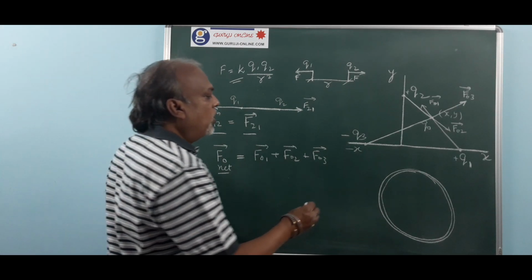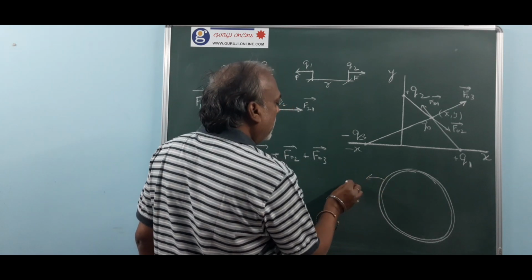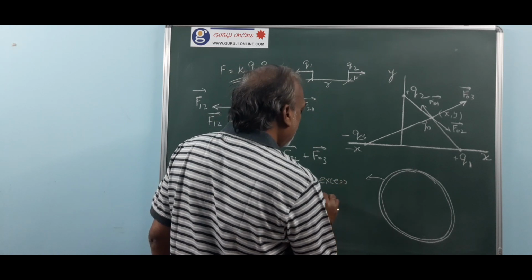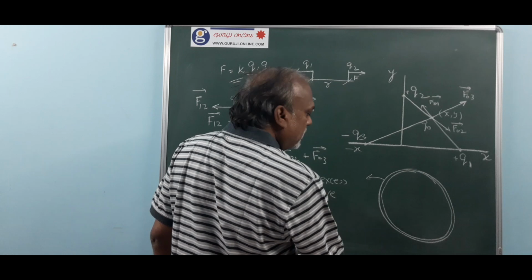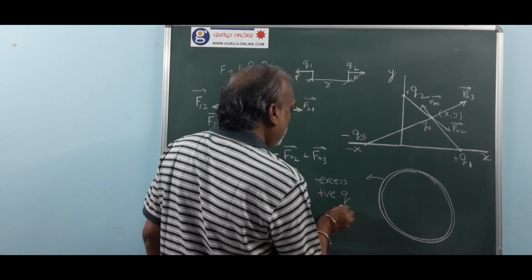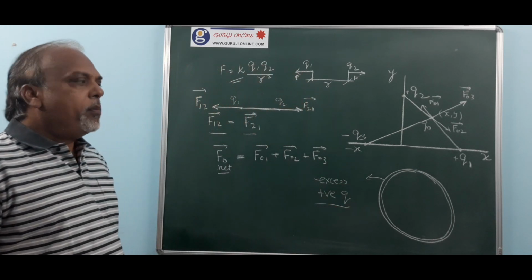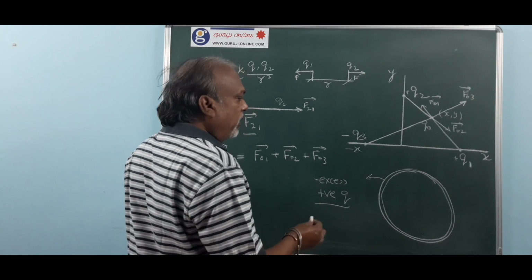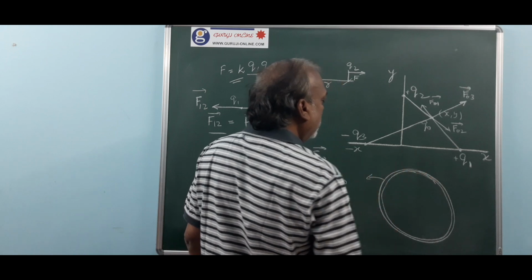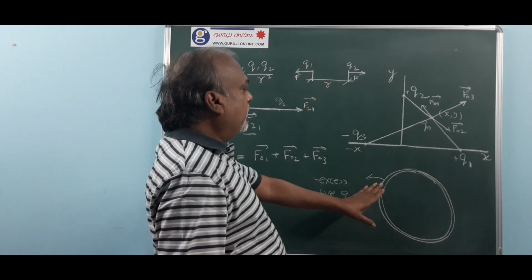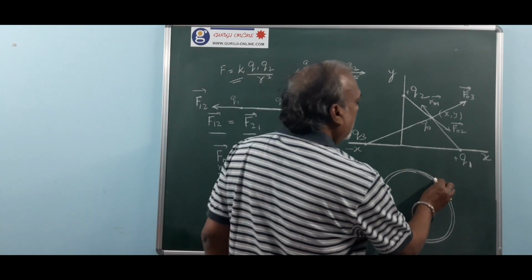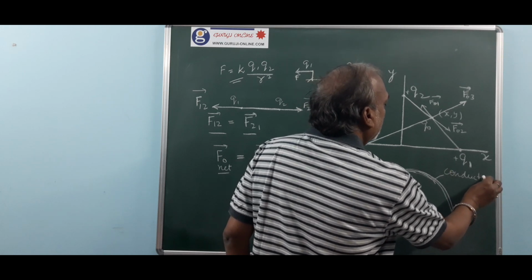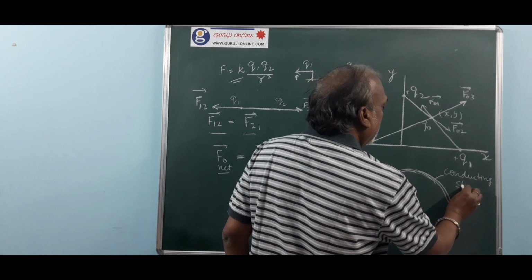And on this you have excess positive charge Q. How will it distribute on this? Now, you know, this is a conducting shell.